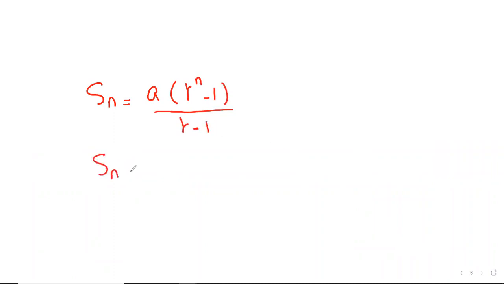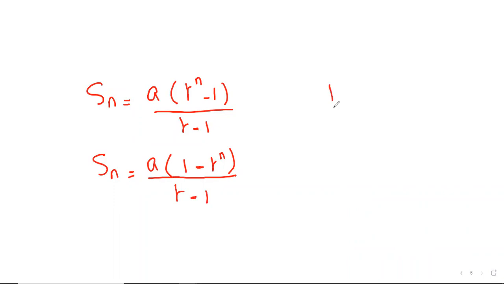And you know that Sn equals A multiplied by (R to the power of n minus 1) over (R minus 1). Or we can write Sn equals A multiplied by (1 minus R to the power of n) over (1 minus R).